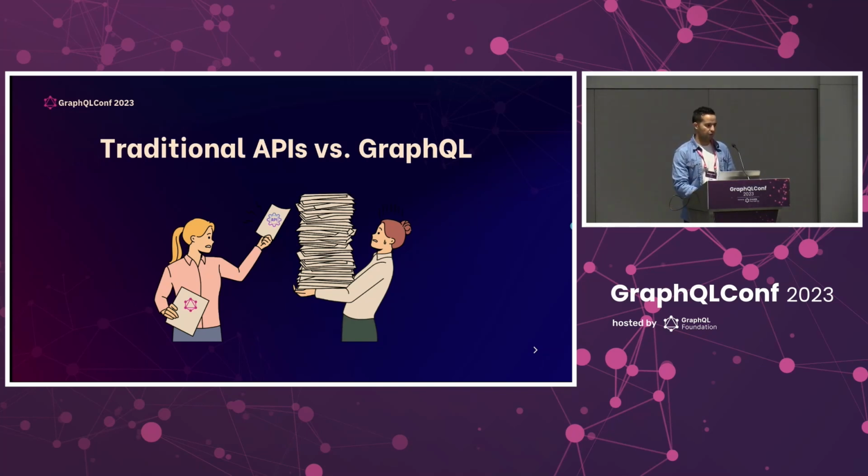So clients can request only the data that they need, avoiding the underfetching and the overfetching issues that they were encountering with the RESTful APIs. That's not the only benefit of GraphQL when it comes to comparison with the REST APIs. We have seen different benefits. I will discuss them in the next slides.